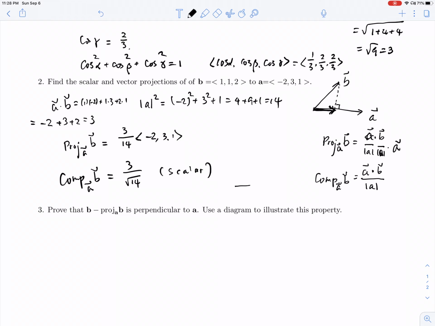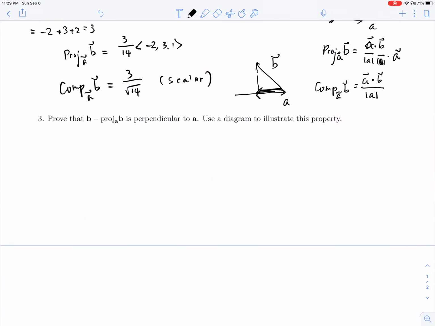For example, if you have something like this, and you have a B vector, say, like this is the B vector, and then the projection over here is in the opposite direction of A, and you will see that the component of projection is going to be negative. Okay. All right. But in our case over here, we have positive.